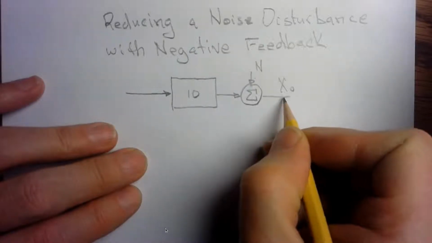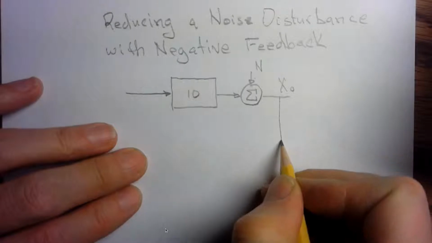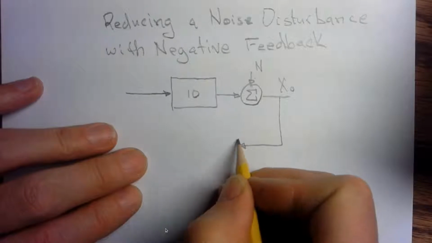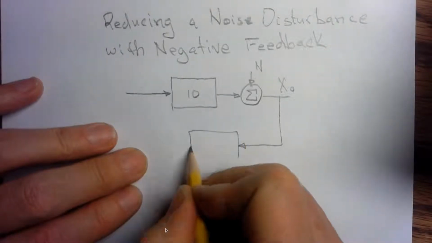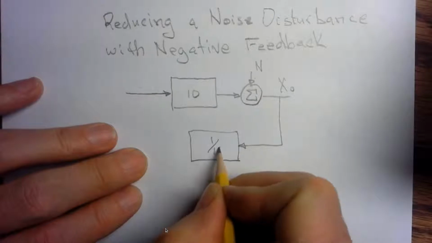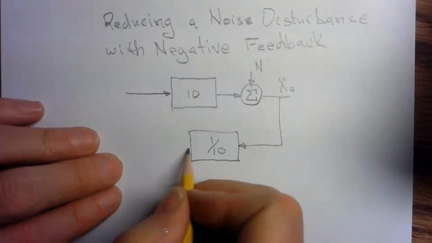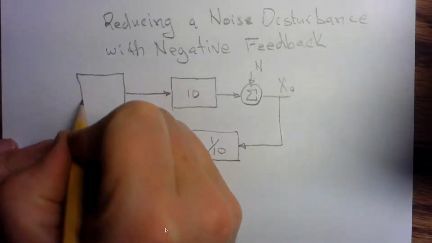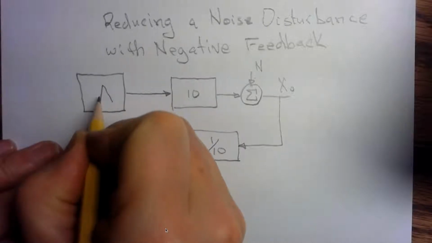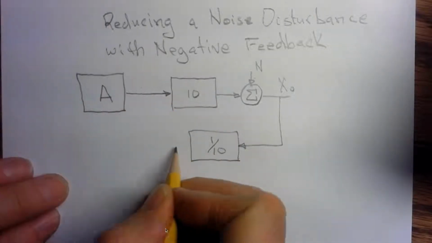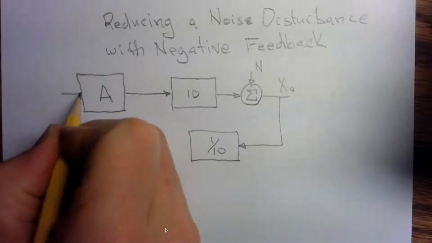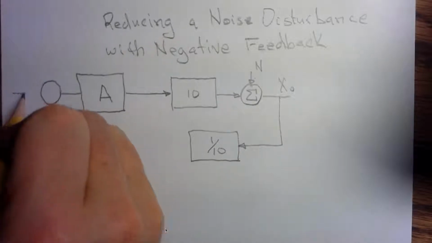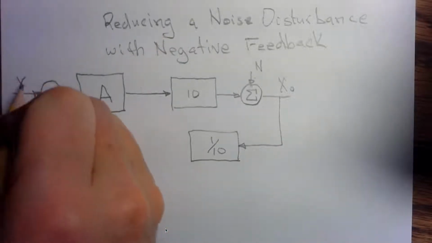What we'll do is we'll sample the X out here, and we will multiply that sample by 1/10. And then we will take the place where we were going to put our input signal, and we will put a really big amplifier here with a large gain A. Then we will put in a little summer here, which will take the difference between what we're now going to put in, which I'll call XS.